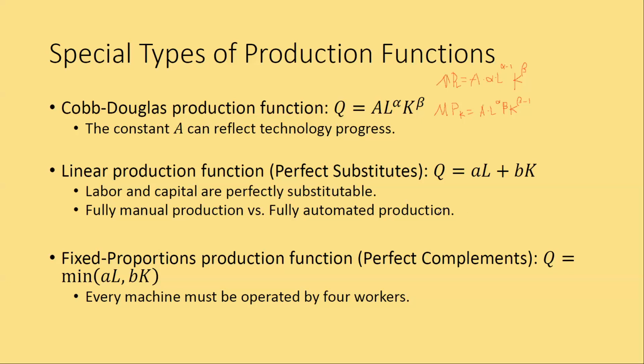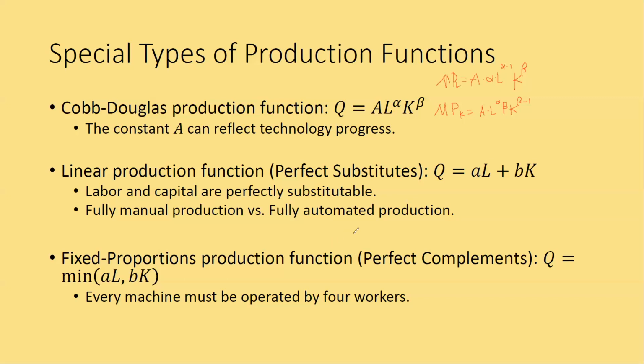The third production function is the fixed proportion production function or perfect complement. So in this case, the amount of labor and the amount of capital must be employed at a fixed ratio to produce efficiently, and employing labor and capital that is not at this fixed ratio is going to be wasting either some of the labor or some of the capital.